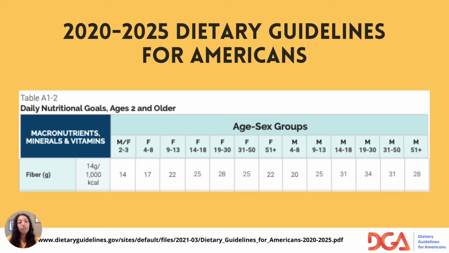So for female adults, the range from ages 19 to 30 is 28 grams of fiber per day. And for men aged 19 to 30 is 34 grams of fiber per day. And you can find the full dietary guidelines on dietaryguidelines.gov for information on all the nutrients.